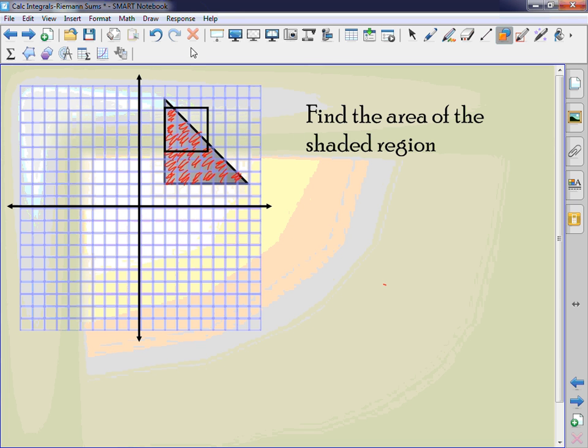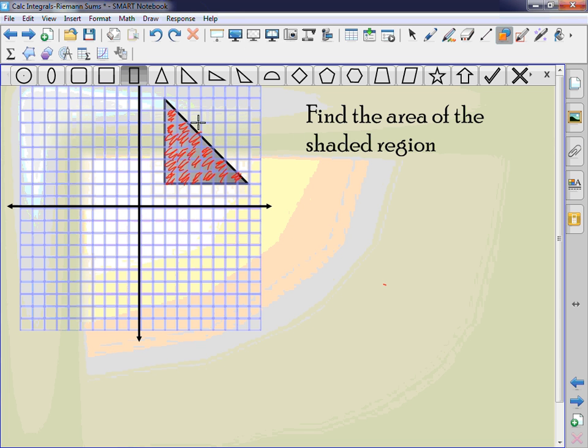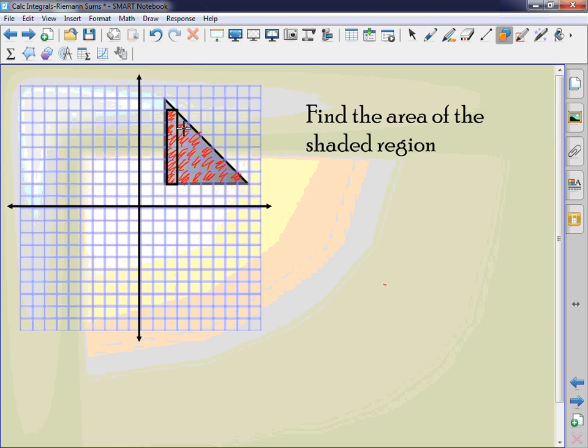I have that rectangle, that one, that one, that one, and that one, right? And then I have all these little pieces. This piece and this piece make a whole. This one and this one make a whole. And then I'm left with half a piece. So if I counted up all these squares, there are 24 whole squares and then a half.